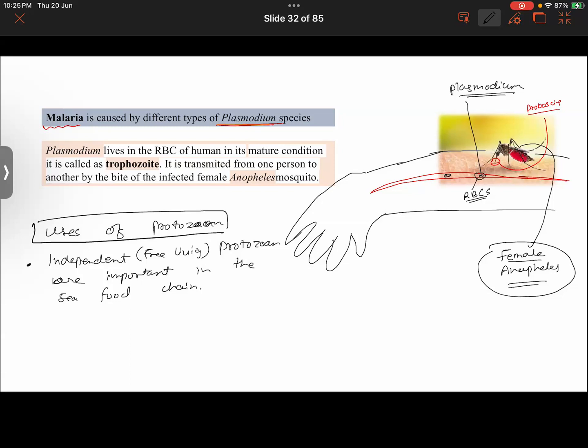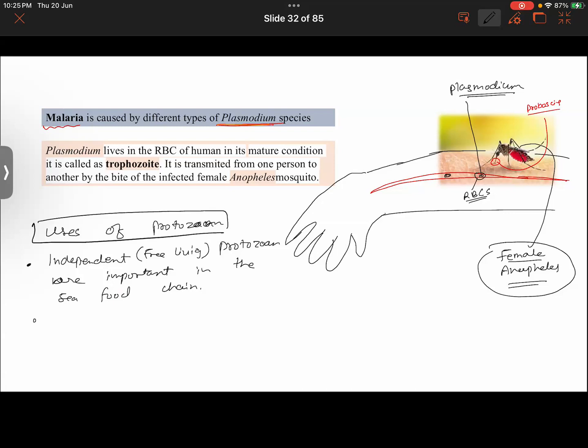There is a food chain in the water bodies as well. Just like you have a food chain on the land, there is a food chain in the water body as well. Certain small fishes would be eating the protozoans, and those fishes would be eaten by the bigger fishes. So there is a food chain going on in the seawater as well.